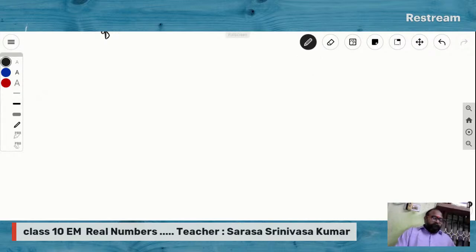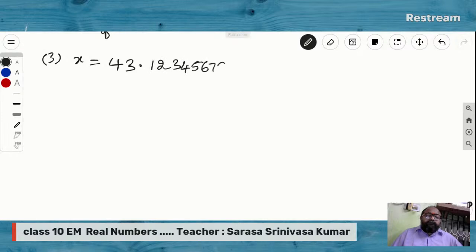Now we consider the third problem. x is equal to 43.9 1, 2, 3, 4, 5, 6, 7, 8, 9 bar. So this is a non-terminating but recurring decimal.